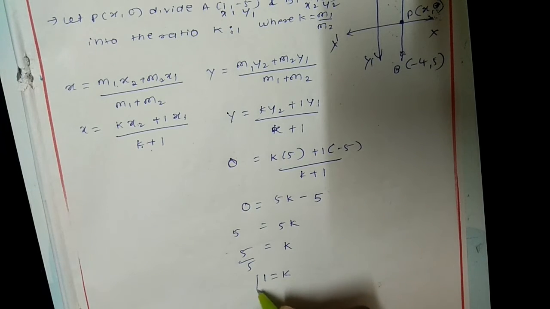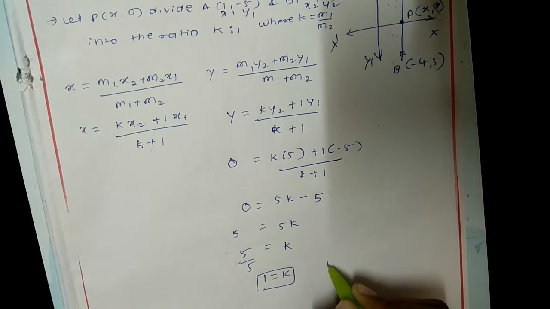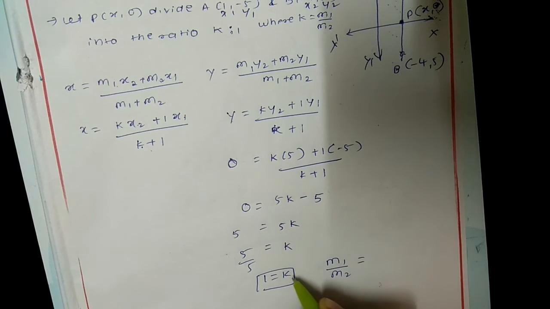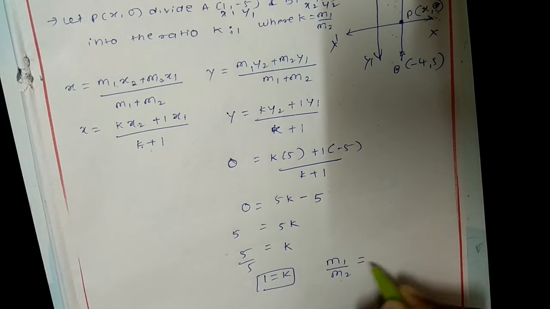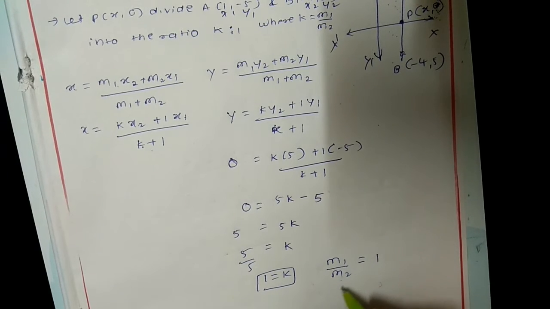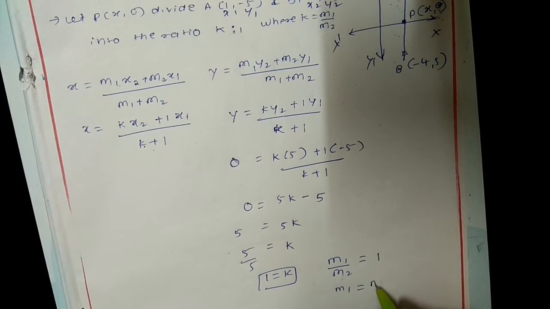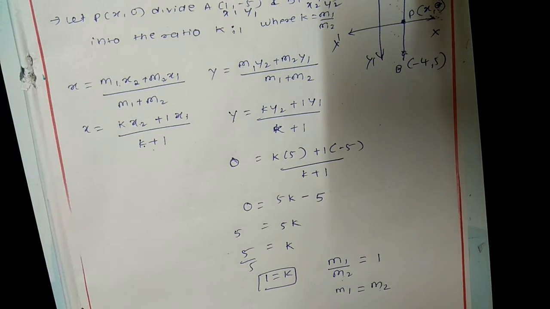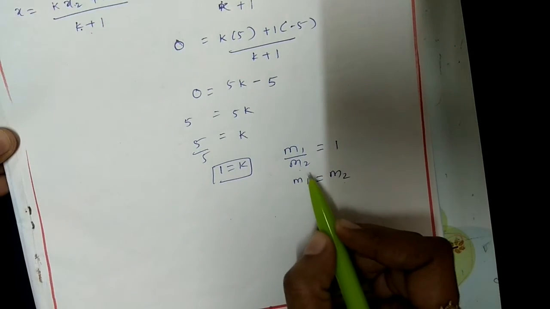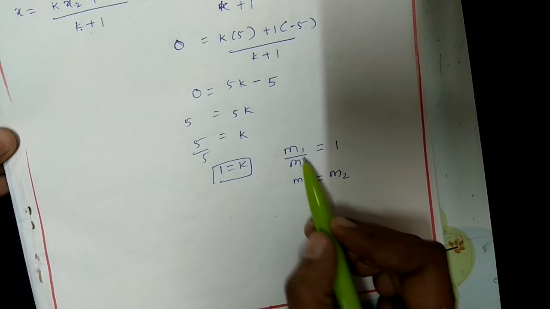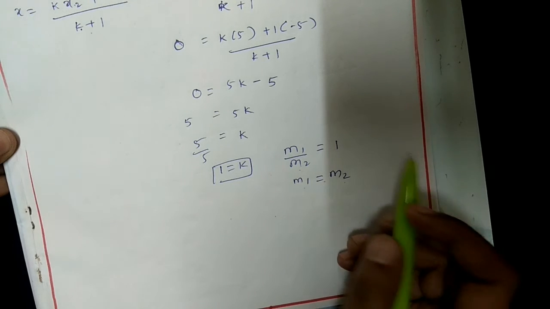And k is m1 upon m2, which equals 1. Bringing m2 to this side, m1 equals m2, so the ratio is the same. So m1 upon m2 is the same, that is 1 is to 1 here.